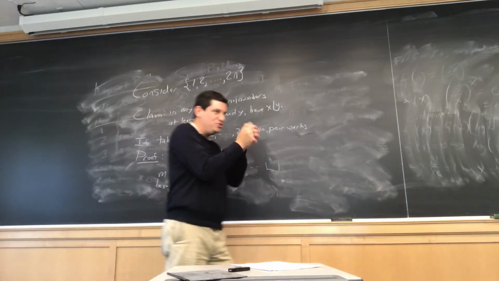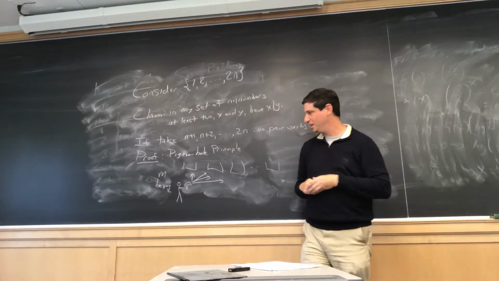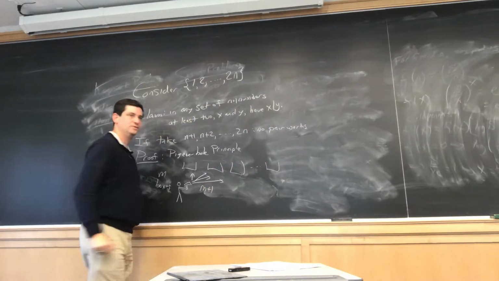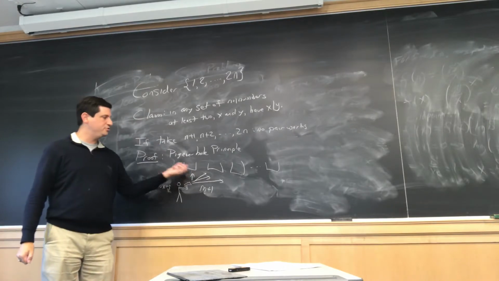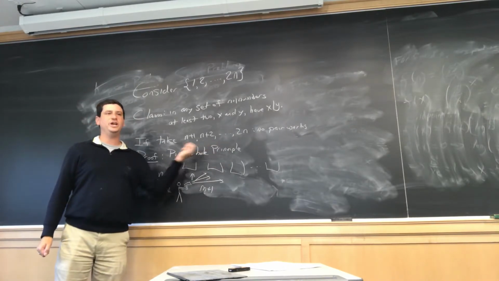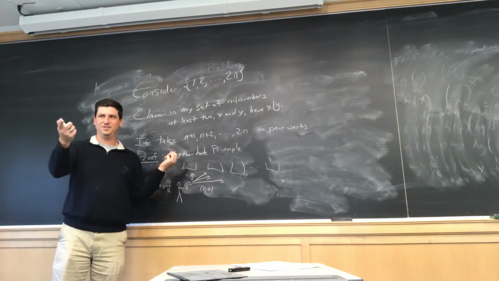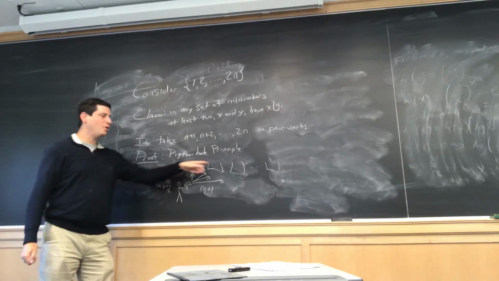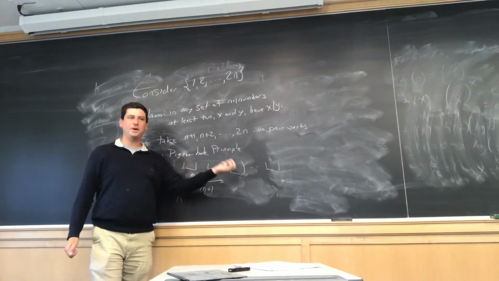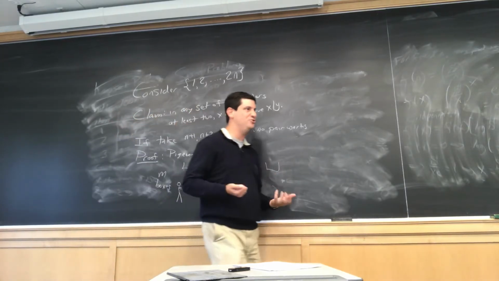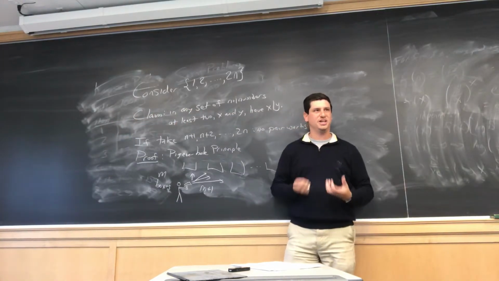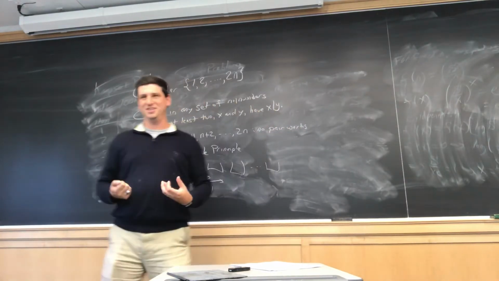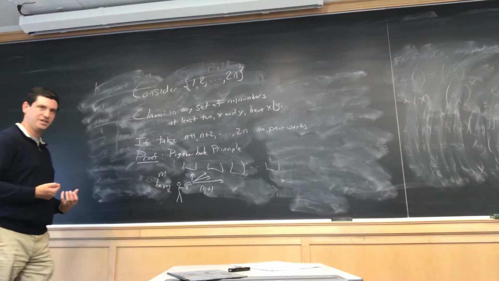The pigeons are shot into the different boxes, and you shoot m plus 1 pigeons. If you shoot m plus 1 pigeons into m boxes, what can you tell me? At least one box has 2 pigeons, because if each box had at most one pigeon, and there are only m boxes, that only accounts for m pigeons. So at least one box gets 2 pigeons. It's amazing how many problems can be solved using this. It's a wonderful, wonderful technique.